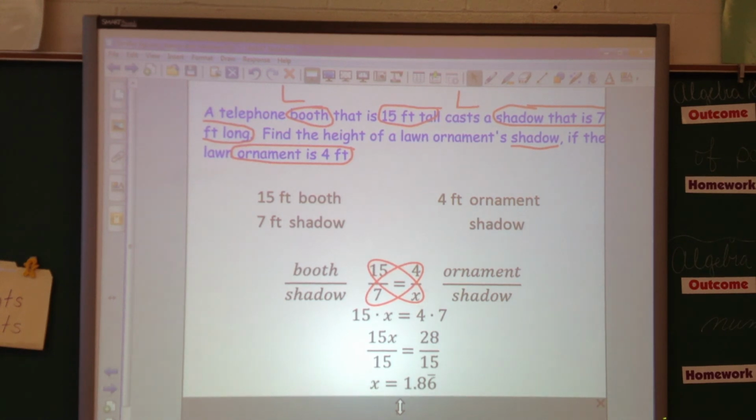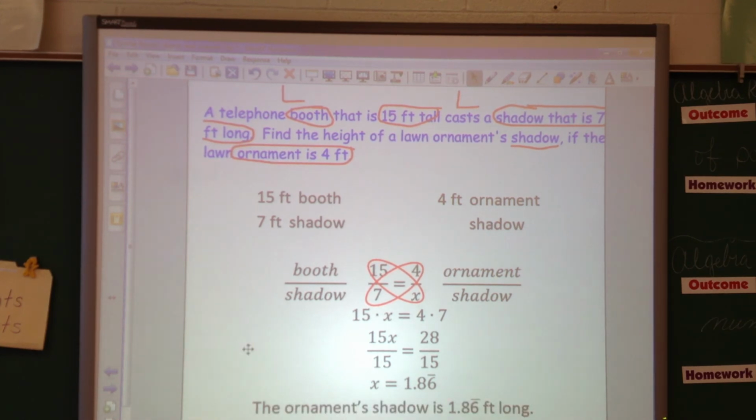And we get x is 1.86 repeating. But remember, the question wants to know the length of the lawn ornament shadow. So the ornament shadow is 1.86 repeating feet long. Pause the video if you need to catch up with me.